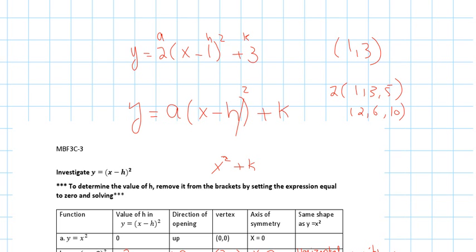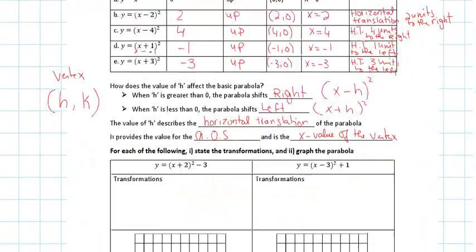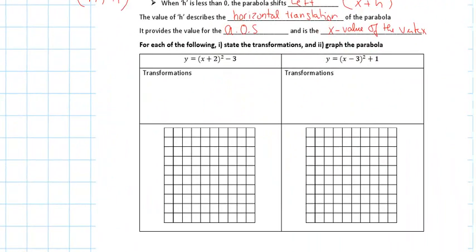Okay. So let's look at the bottom example right here. And let's, first of all, state the transformation and then graph. So if I'm going to state the transformation here, what's happening? What does that 2 do to my graph? Horizontal translation, yeah. You guys have to give me the whole sentence. 2 units.